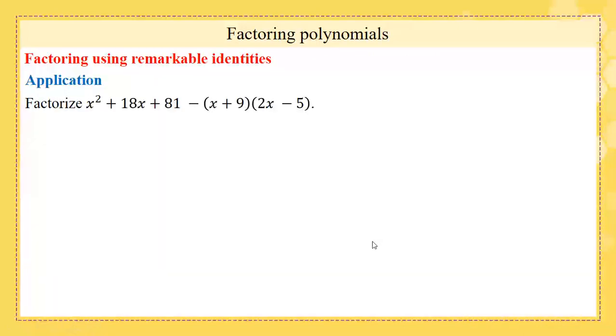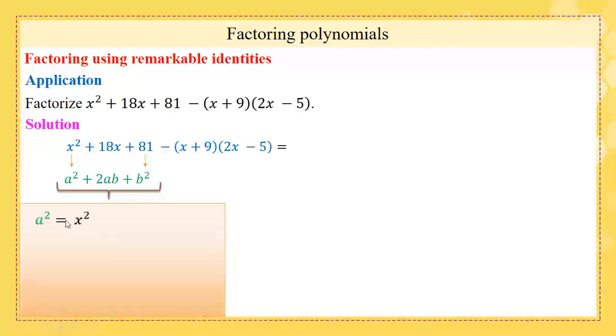Application: factorize x squared plus 18x plus 81 minus x plus 9 times 2x minus 5. Please pause the video and try to do it by yourself. Solution: please note that the first part of this expression is a trinomial having all its signs positive, so we may use the first remarkable identity.